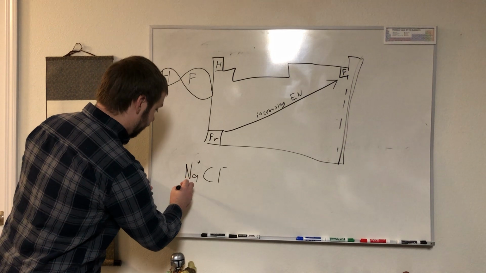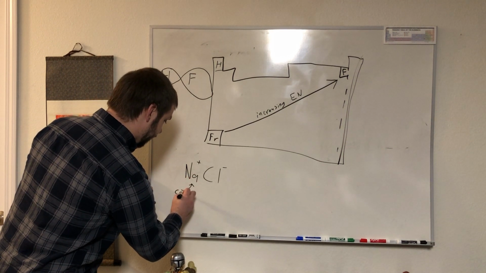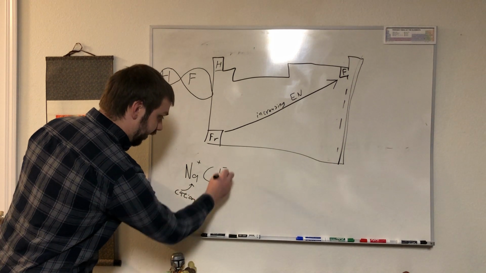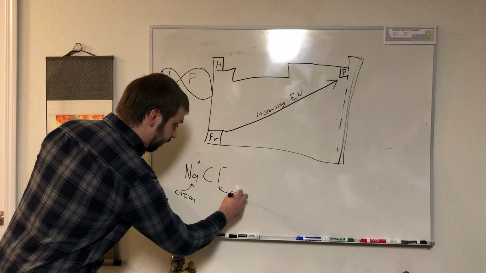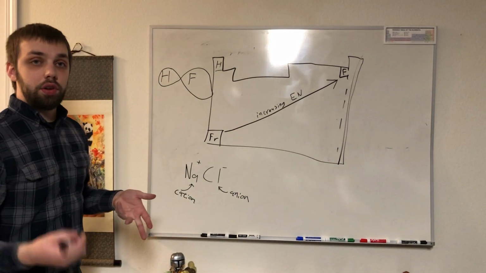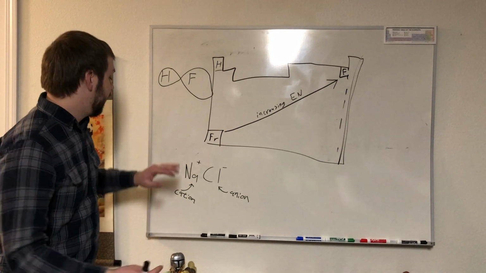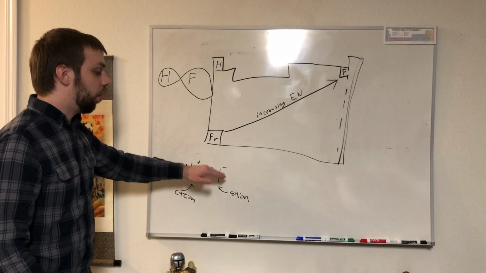So this here is a positive charge, so that's a cation, and this is a negative charge, so that's the anion. Just for clarification's sake, positive charges are always cations, negative charges are always anions.